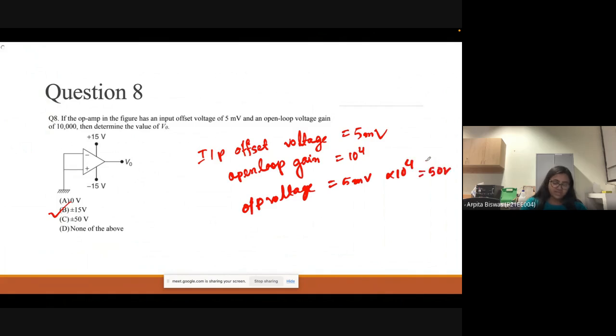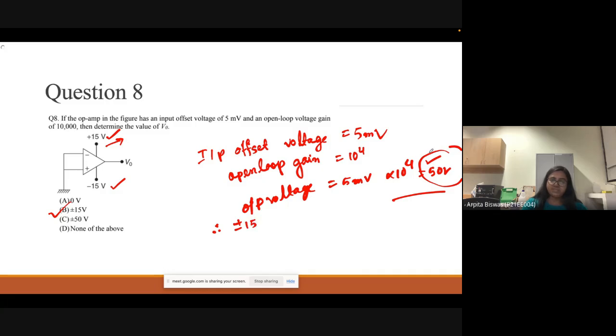But it exceeds this 15 volt. Here the V saturation is given as plus minus 15. So this voltage of 50 is greater than plus minus 15 volt. That's why this is not the correct answer, and the answer is plus minus 15.